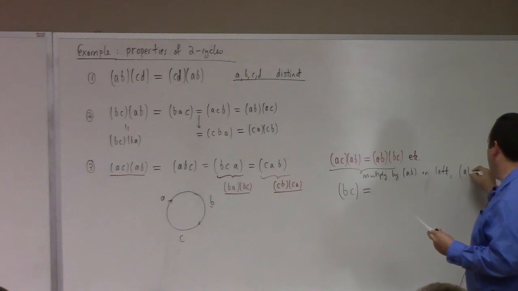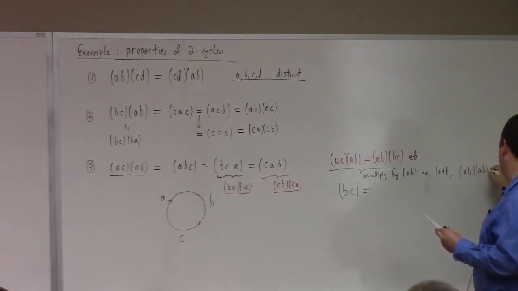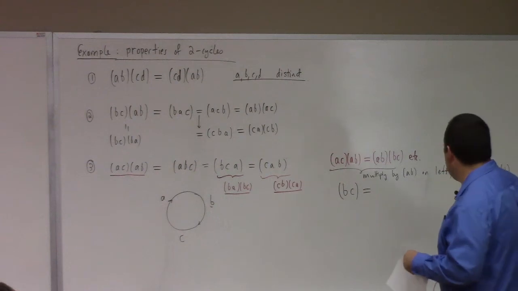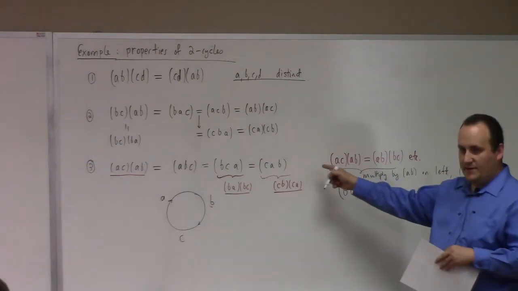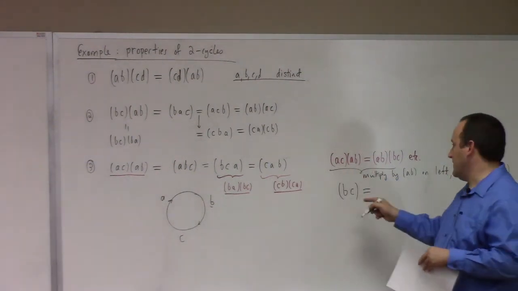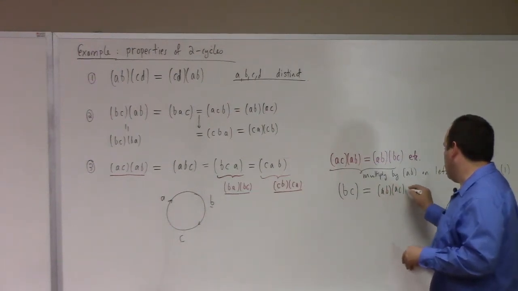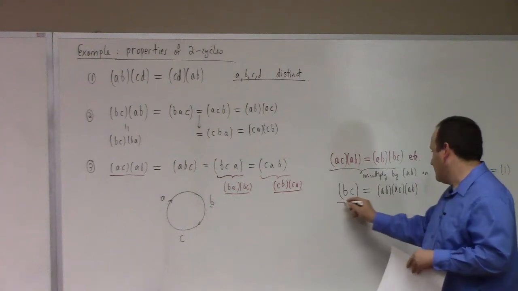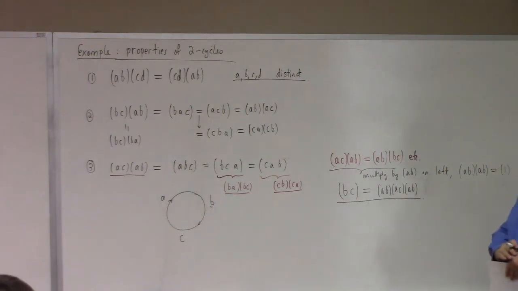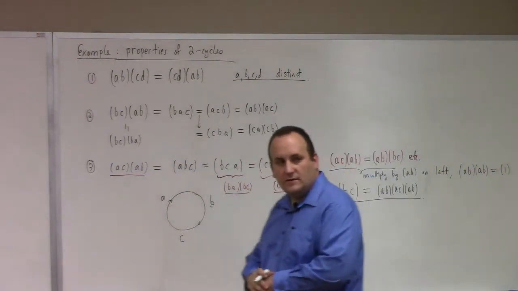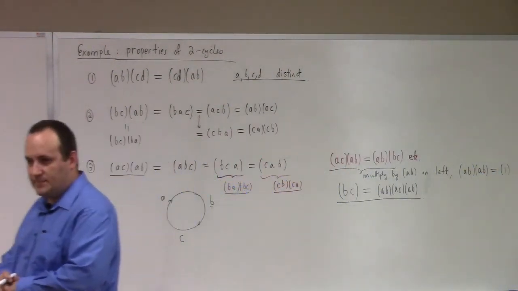We know that AB is what? Right, every 2 cycle has order 2. Product of any transposition with itself is just the identity again. So if I multiply this by AB on both sides, on the left, what I'm left with is AB, AC, AB. So you also have formulas like this. You can rewrite a given transposition as a product of 3 of them in this way.